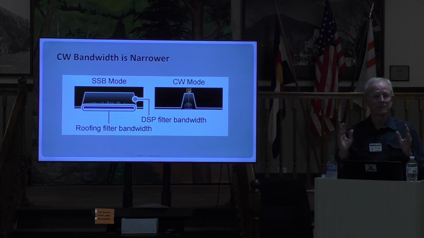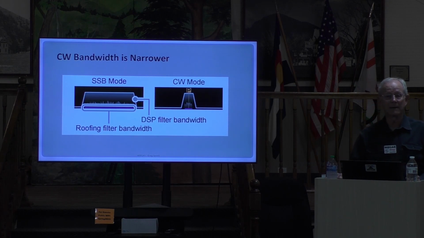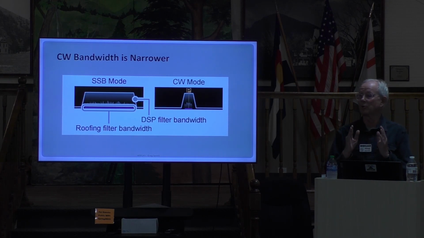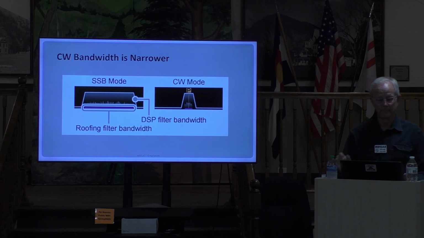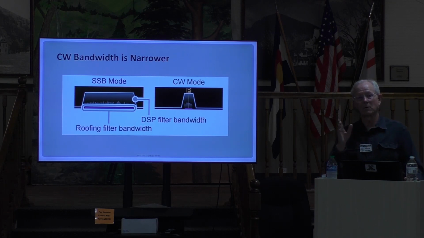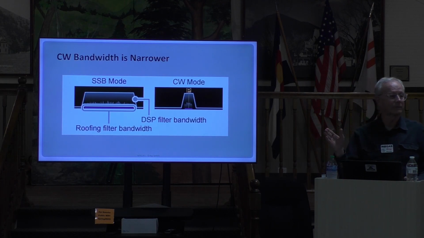But if you think of your single sideband as about 2,500 hertz or 2.5 kilohertz, think of your CW bandwidth as about 100, maybe 150 if you really send high speed. If you send at slower speeds, it's not quite that wide. So imagine you're using 100 watts of power to do sideband. That 100 watts is being spread out over 2,500 hertz. Whereas if you're doing CW and it's 100 hertz, it's much more concentrated.